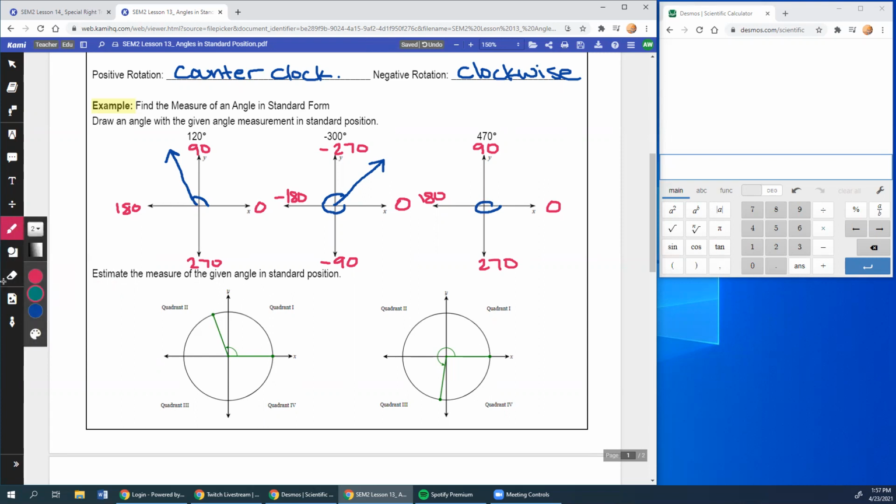So we're going to do 470 minus 360. We just have to go 110 more degrees. So where we left off, we keep going, just a little bit less than where we put 120. All right, so that is us drawing.